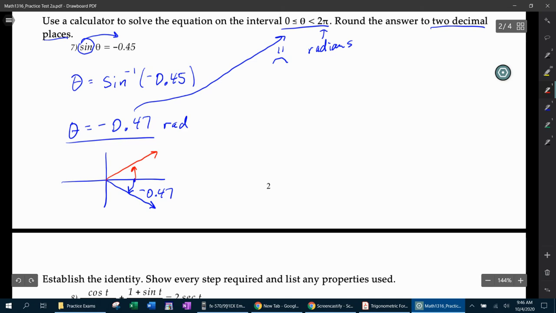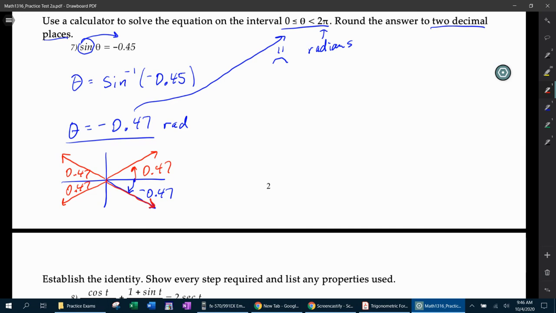So it's either going to be 0.47 or the reference angle over here, 0.47. So I've got three angles to pick from, or it could be the positive here. If I go a full circle, it could be the positive. Yeah, okay, so I've got actually four angles to pick from.